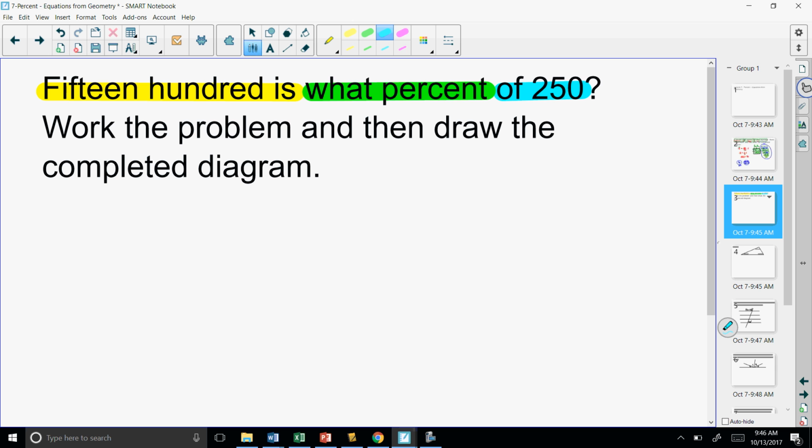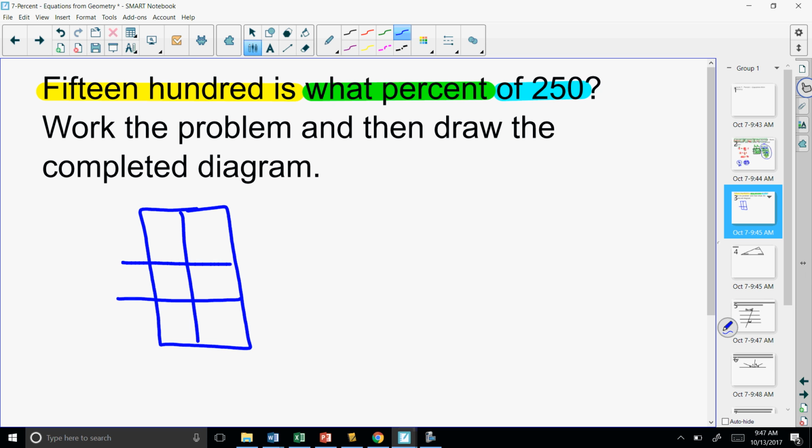Can you put that in that box diagram? I have it highlighted for us. If we look at the box diagram, percent over 100 is over of. That first part, 1,500 is, where does that go? In the is box, of course.